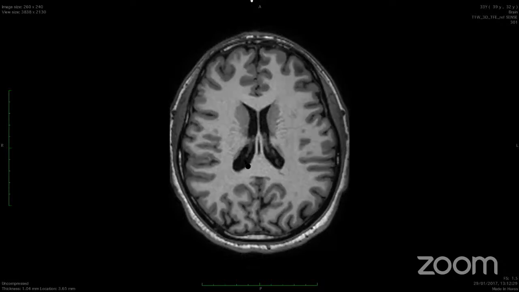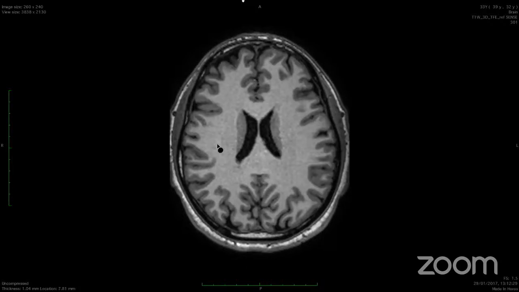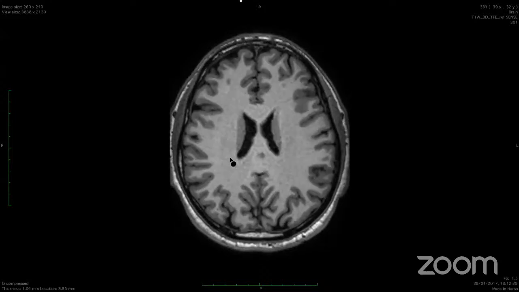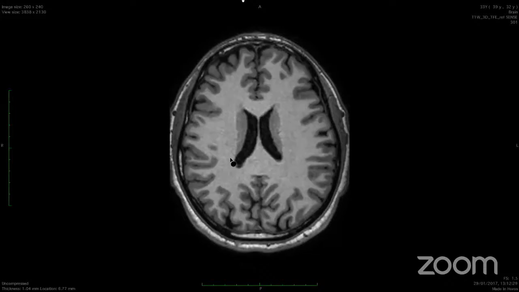Before we see the sylvian, this is a frontal and a parietal lobe. I'm not going to go into this this time. We have extensively discussed that in the previous couple of teachings. But once you start to go downwards from the top of the brain, you slightly go downwards towards the temporal lobe.